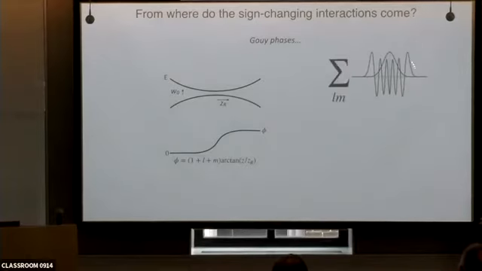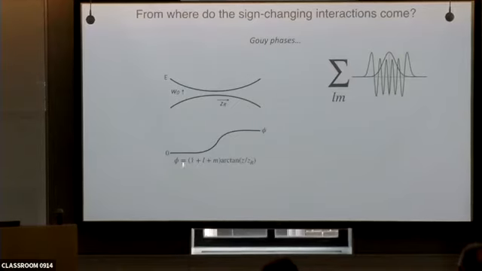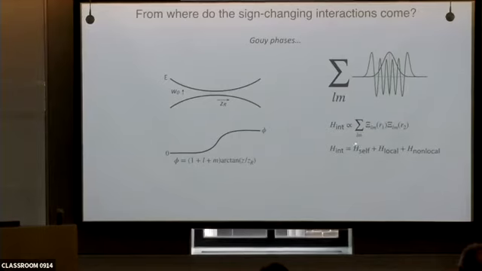And so when I took this sum before, I was ignoring something. I was just looking at space, but each one of these modes has a phase. And so when I take the sum, I actually have to sum over all these phases, but each of these modes has a different phase, and so that's going to lead to something complicated. When I take the sum like so to get the interaction, it turns out that in addition to that self-interaction and the local interaction, I end up having a non-local interaction as well.